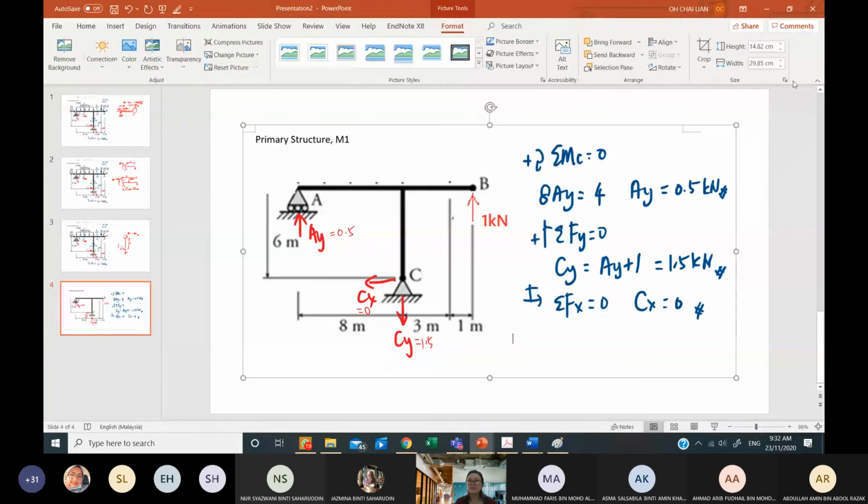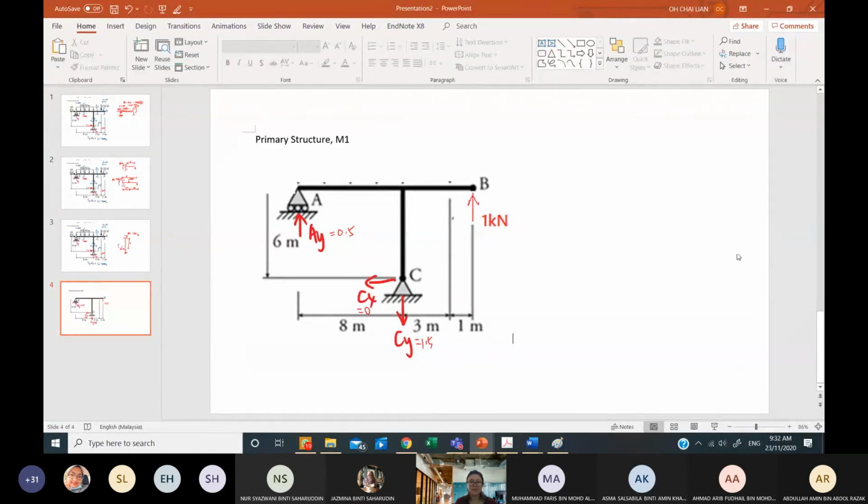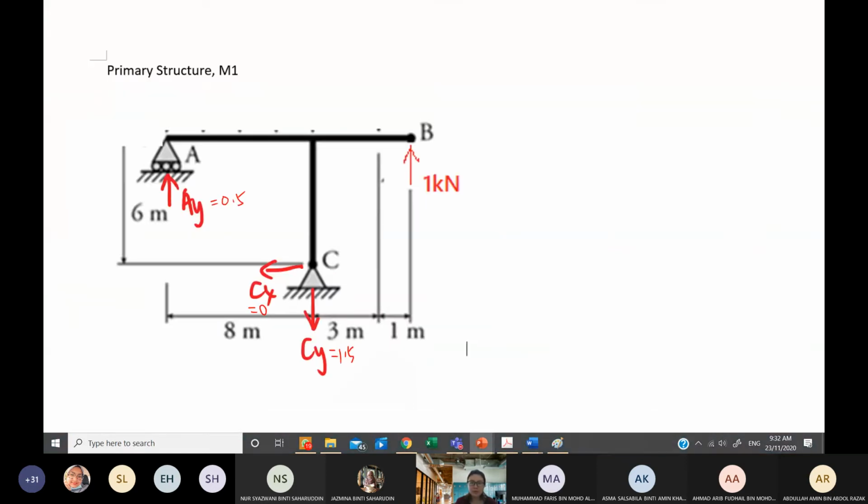Cannot group. Okay, so I still need to put a cut section here. Same. This is 1, 1, 2, 2 with the same sign.